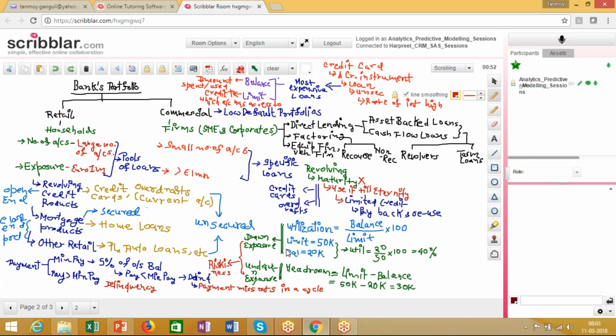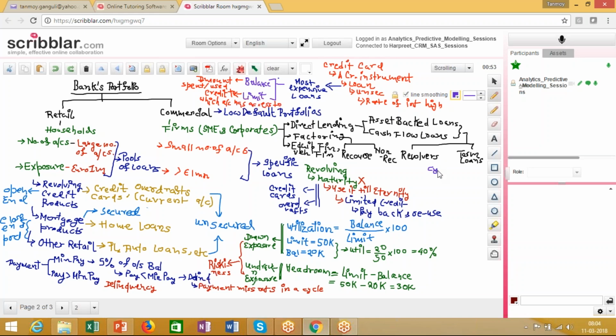So whenever we start talking about the bad definitions going forward, this concept of delinquency will be coming. Now, talking about credit cards, there is another concept of payment cycle, right? When we are working with the credit card data, we need to ensure that the data collected ideally should be a cycle end or a statement end data rather than a month end data.